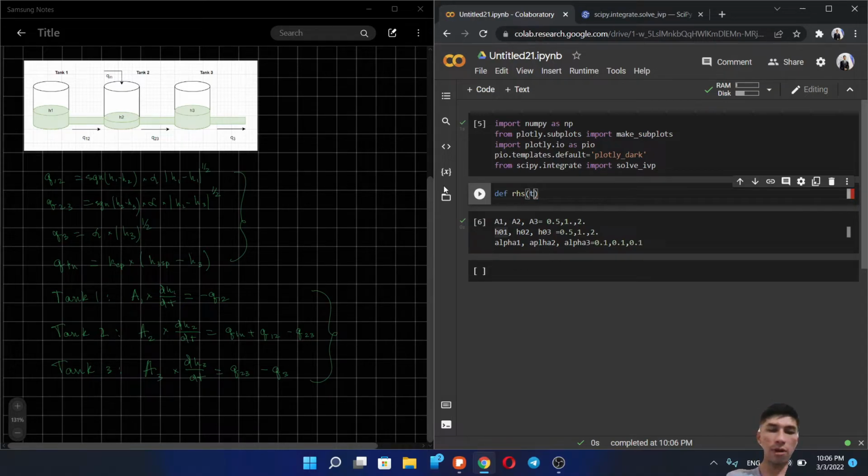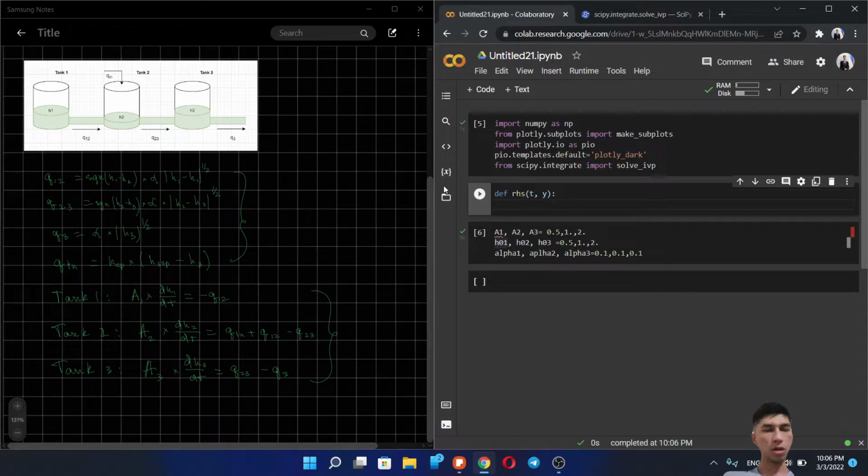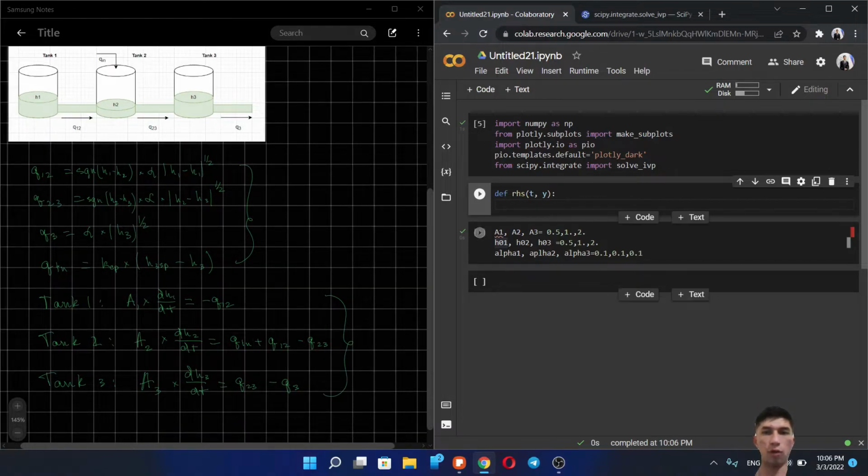The function should take the value for time and y. Here we have our model, right? All the four equations we have here as a model go inside of our function. For y, all our h values are going to go as y, so we're going to unpack it.